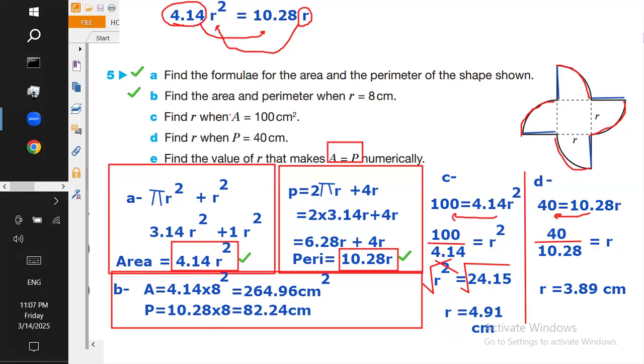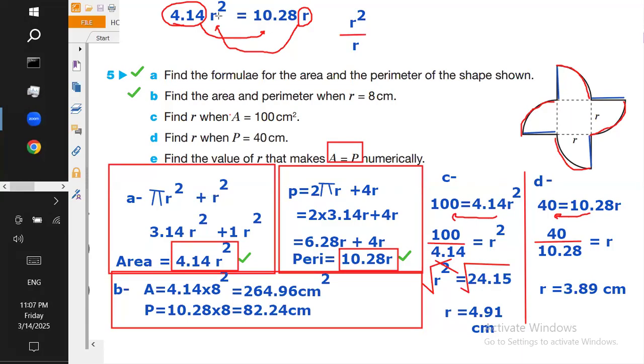Focus on this. First, let's write the r squared. Because I removed this from here, the r squared will be alone and the r will be divided on it. As I said, I took the r to the other side by dividing, so it is under the r squared.